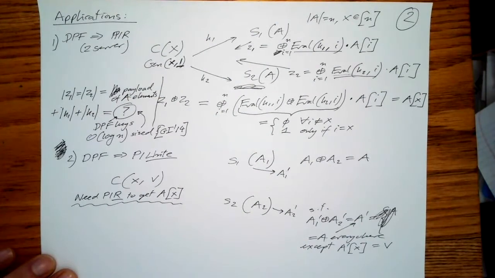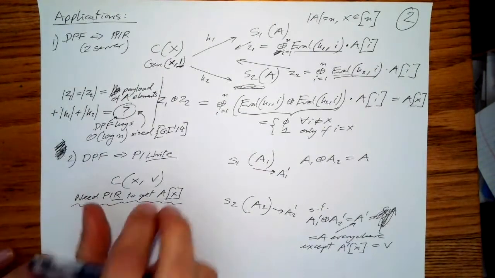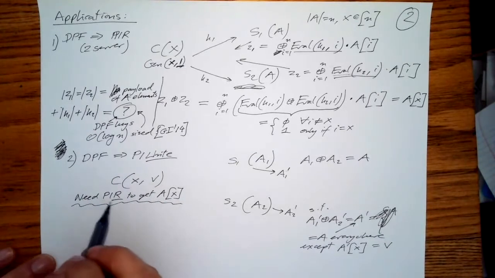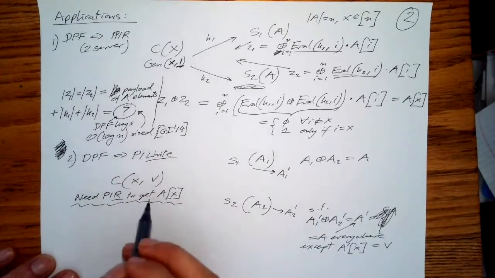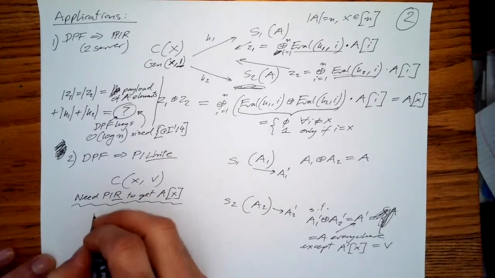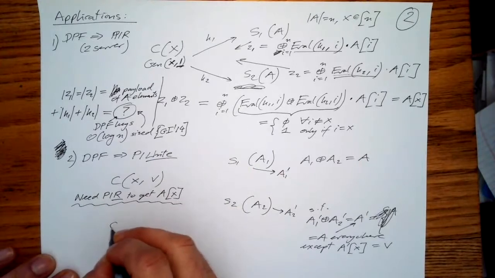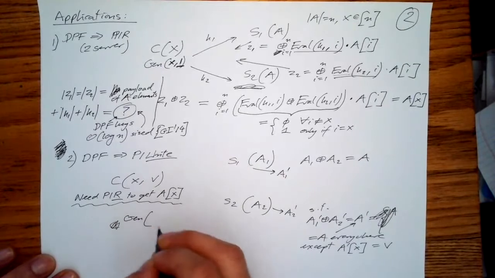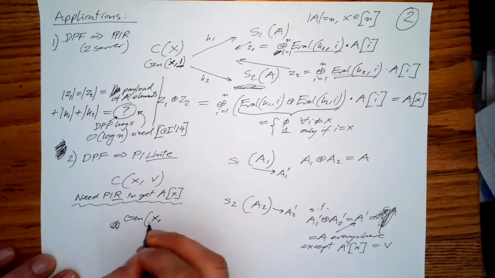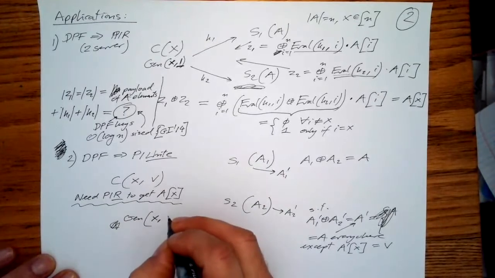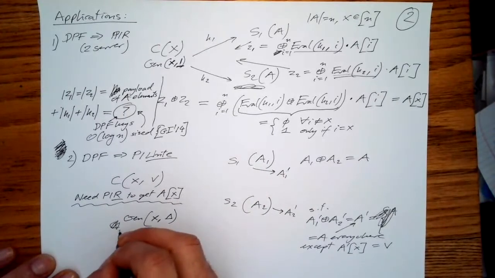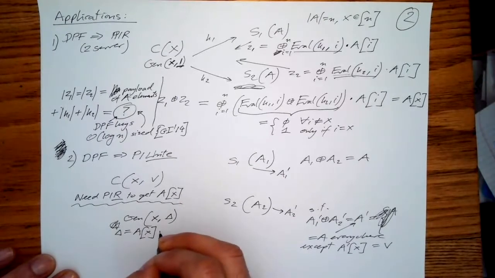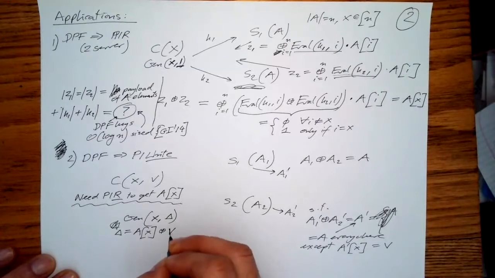But that aside, if you had a PIR that allows you to read the previous position, then the client would do a DPF, encoding position X into these functions, and the value would be delta, where delta is the old value of the array XOR the new value.